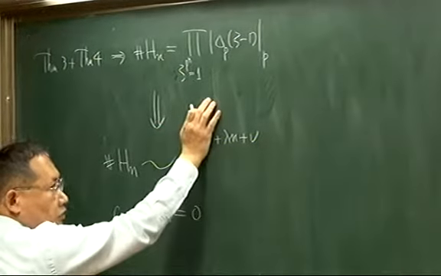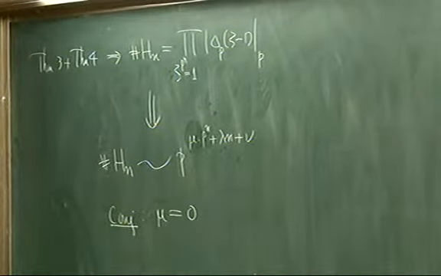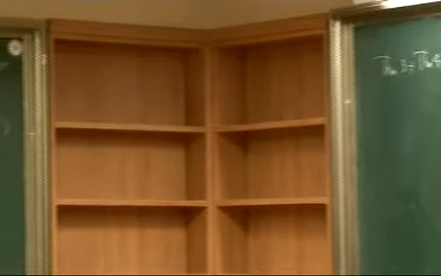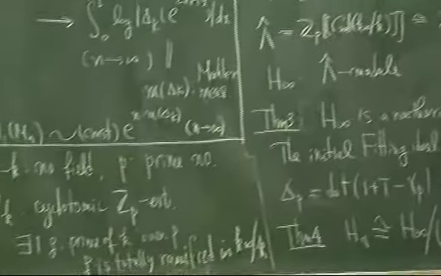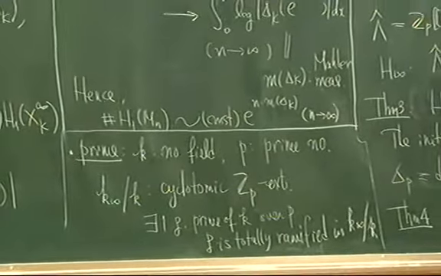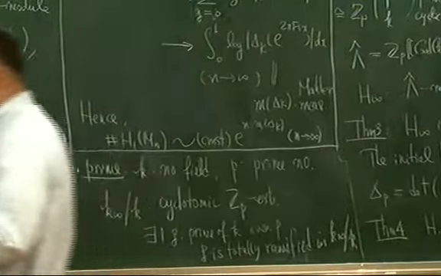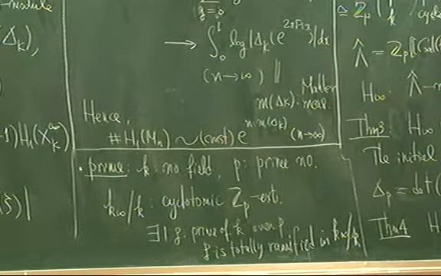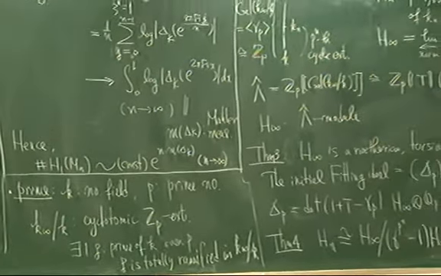We have a similar formula for the case of knots, and Mahler measure corresponds to the lambda invariant in the cyclotomic case. Okay, this is a classical story.